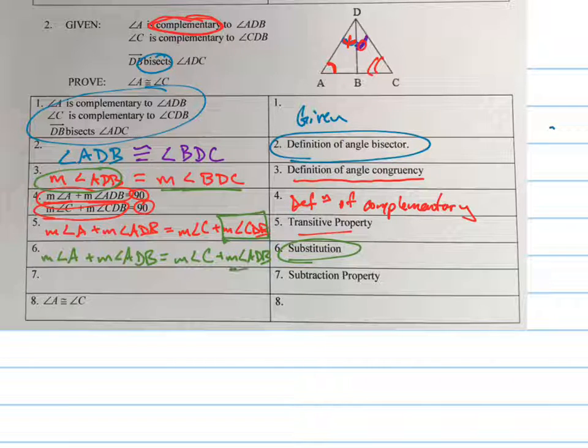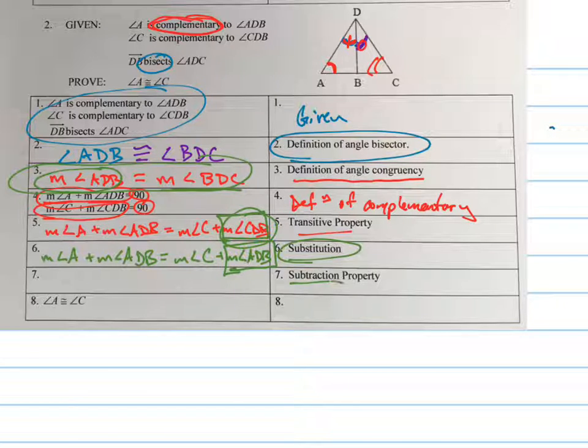I literally substituted this for this because number 3 said that they were equal to each other. That's the substitution property. If you've proven that two things are equal to each other, you can substitute one of them for the other one anytime you want.